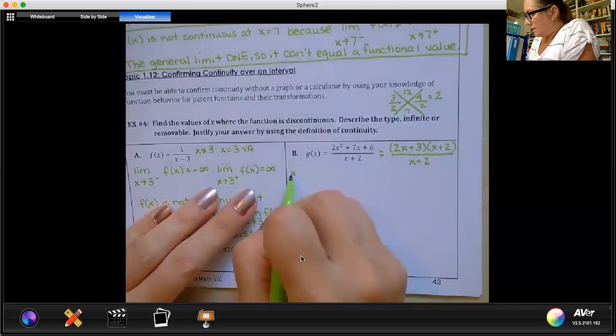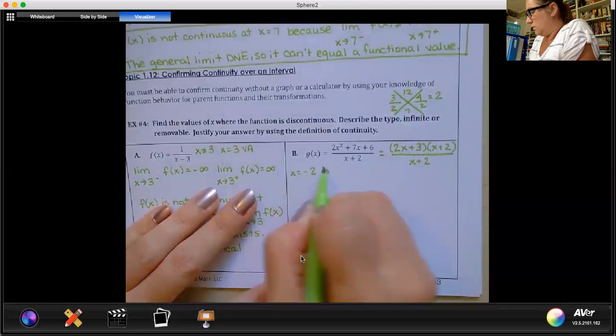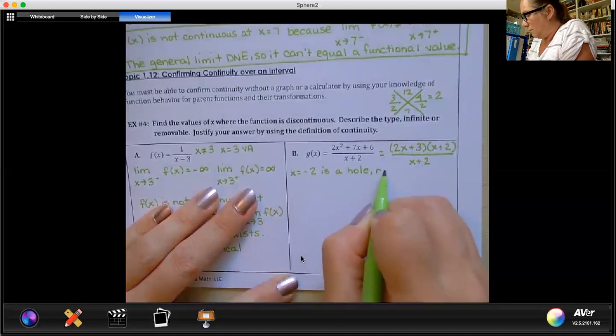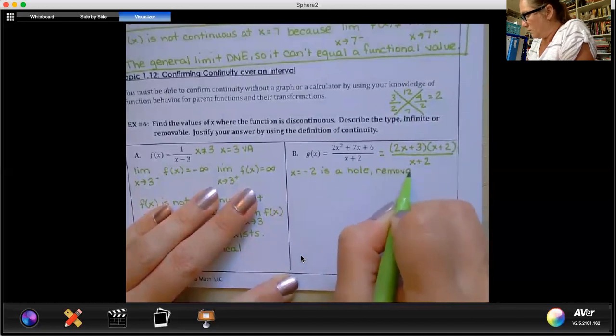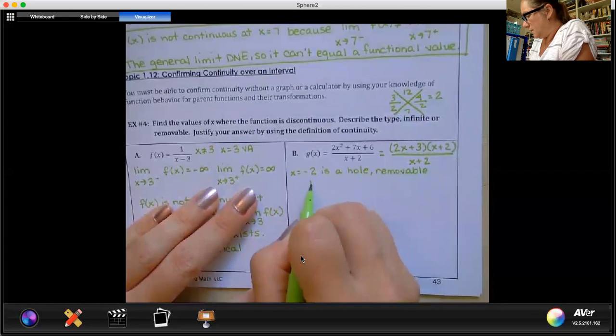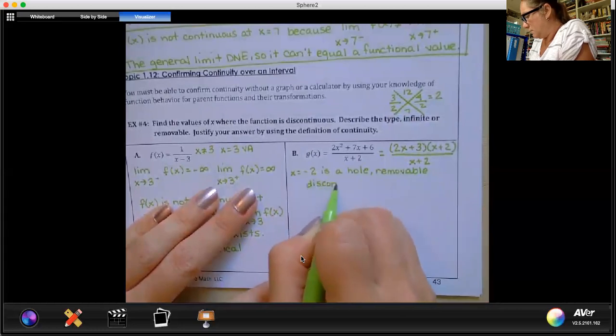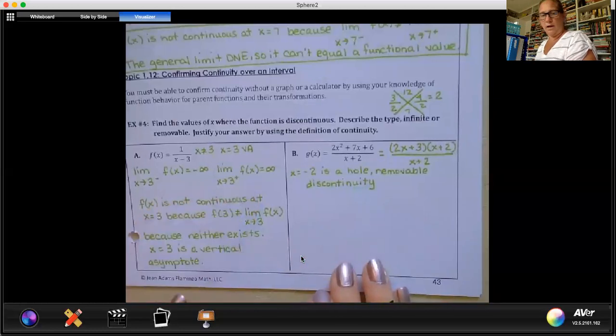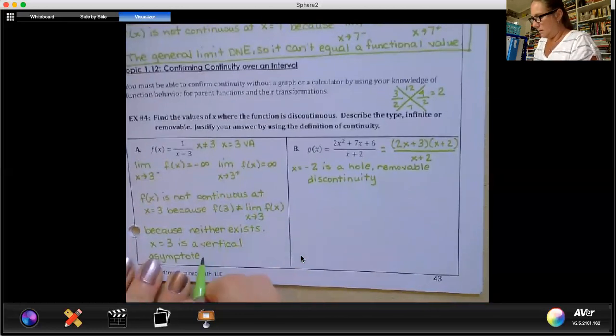So we know x equals -2 is a hole, which is a removable discontinuity. And I guess we need to go back here. Vertical asymptote was non-removable.